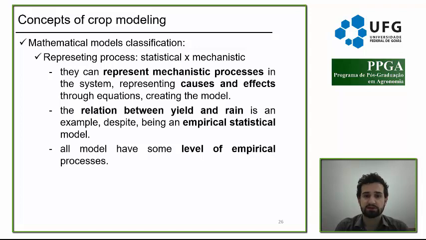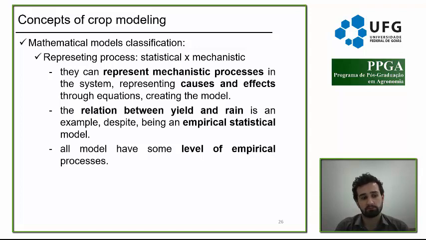But our model has some level of empirical process in the system. What is this empirical process? They are simplifications of the real system. Remember previously when we talked about the error in the model: depending on the complexity of the model, you can have a low or high error.